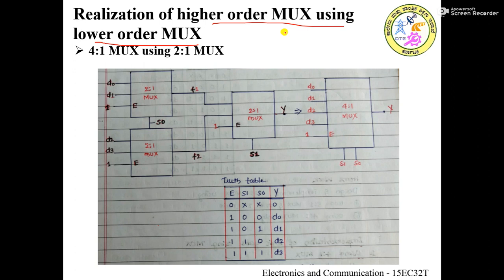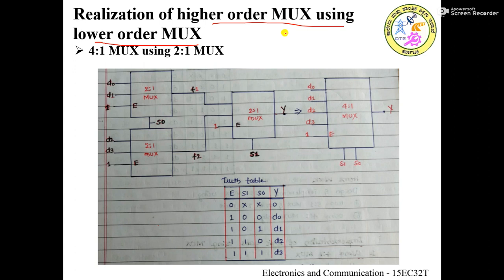Remember, every multiplexer will have its own IC. To implement the functionality, they have unique ICs. A 2 is to 1 mux has its own IC. A 4 is to 1 mux, again, has its own IC. A 16 is to 1 mux as well as an 8 is to 1 mux have their own ICs.